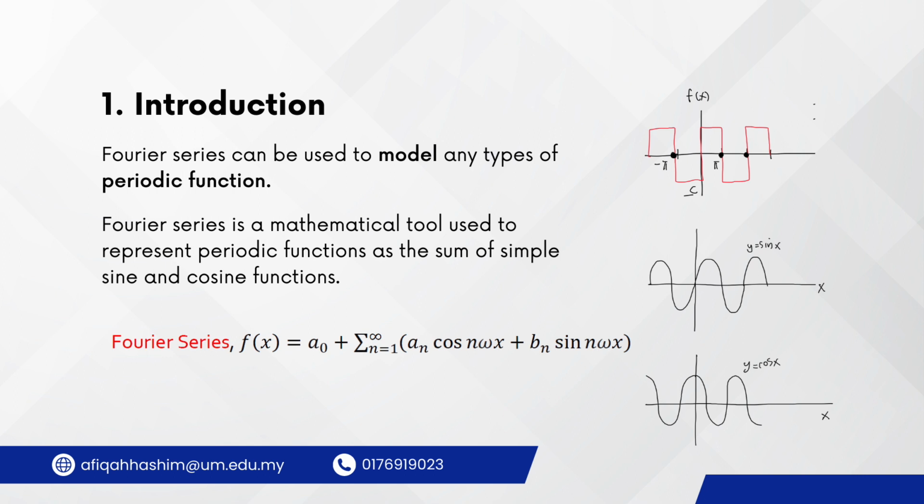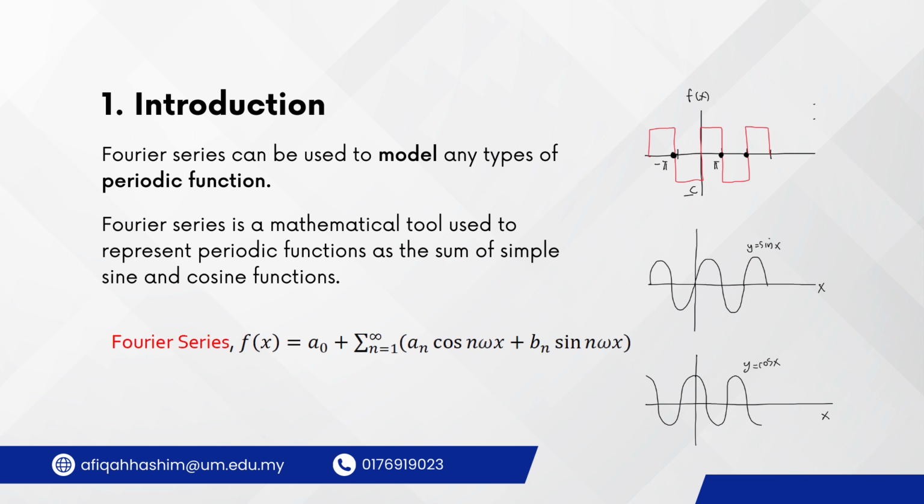So Fourier series enables us to take a periodic function like this, a non-trigonometric function, and write it as an infinite sum of trigonometric functions. And here is the general equation.